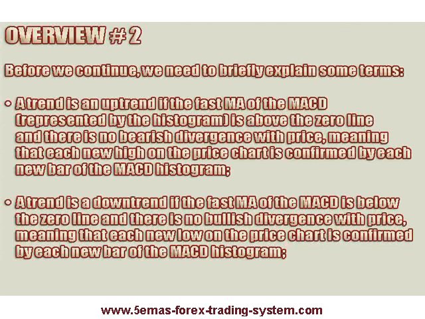This means that each new high on the price chart is confirmed by each new bar of the MACD histogram. We define a trend as being a downtrend if the fast-moving average of the MACD is below the zero line and there is no bullish divergence with price. This means that each new low on the price chart is confirmed by each new bar of the MACD histogram.